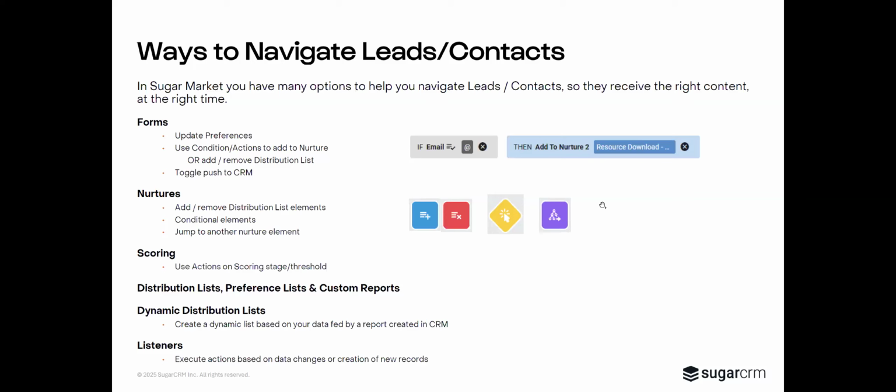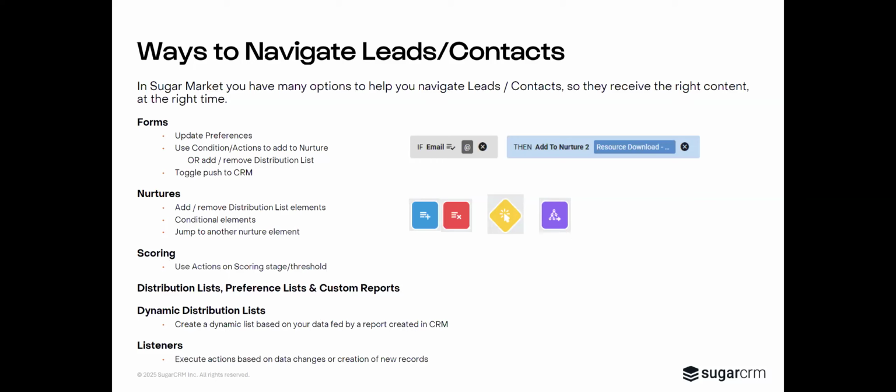We're going to look at all of these options. There are also many other ways in which we can use scoring actions to trigger people into nurtures. We can use distribution lists, preference lists, and custom reports to feed our nurtures. Based on people's information, we can sort them into lists, and that will help us get the right content out.